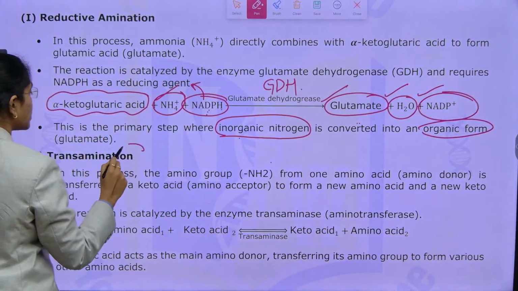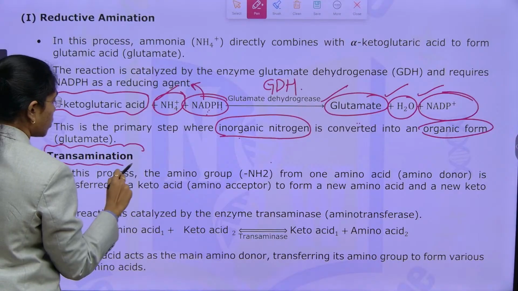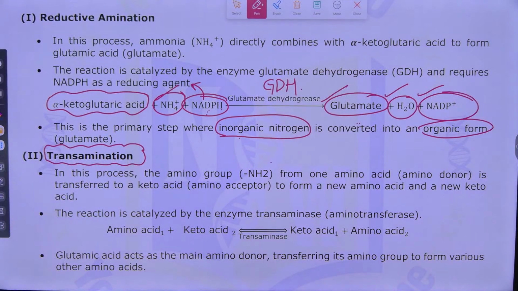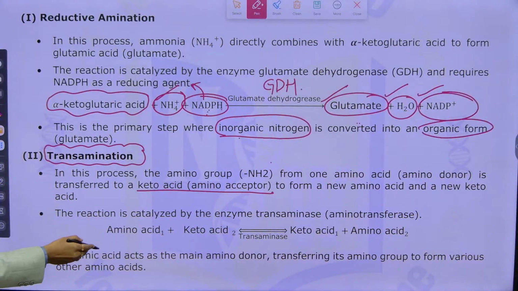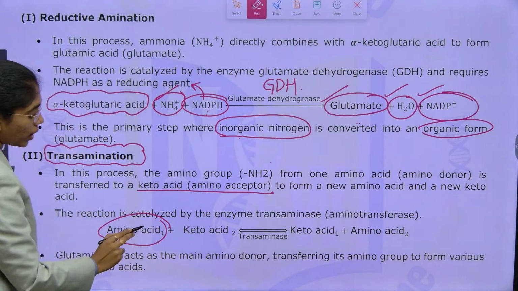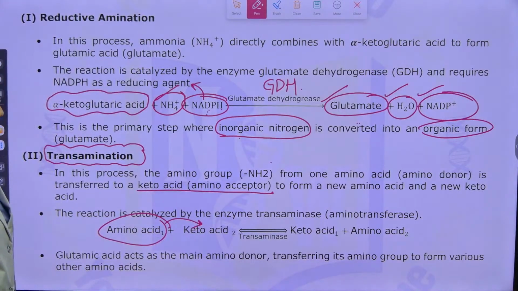Next, transamination. In this process, amino group from one amino acid is transferred to keto group of the new amino acid. The reaction, if you see, if this is amino acid 1, keto acid 2, fine, right?